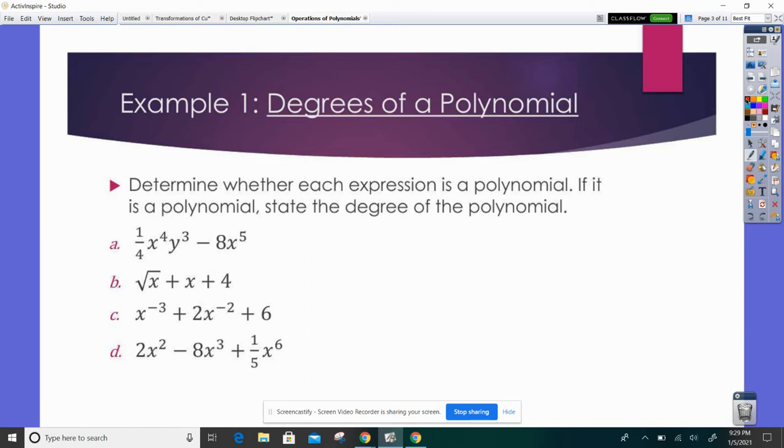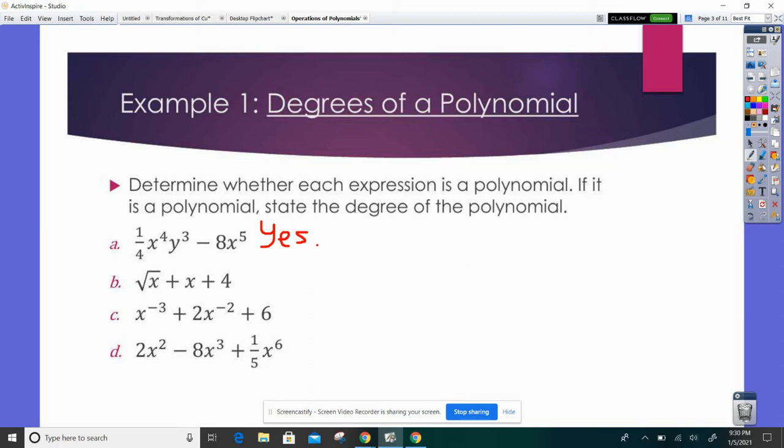Okay, now remember, in order for something to be a monomial, what we're looking for are non-negative integer exponents. Our only exponents here are 4, 3, and 5, and all of those are non-negative and integers, so this is a polynomial. Okay, and because it is a polynomial, the next thing we need to do is find the degree.